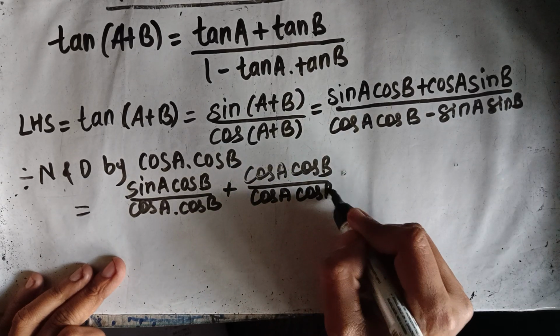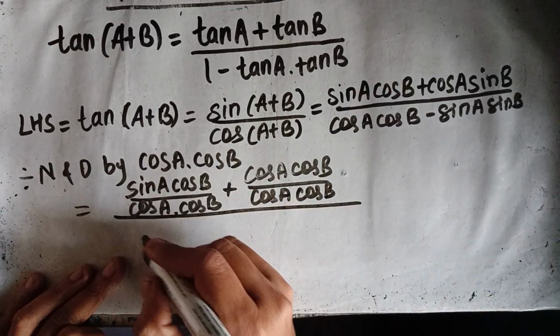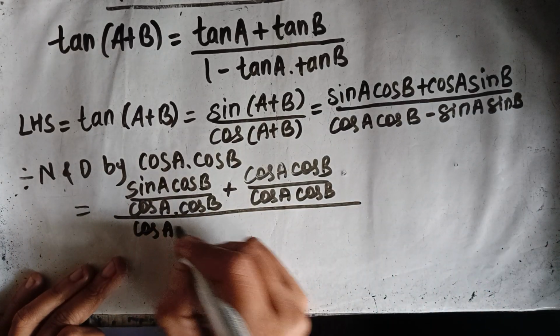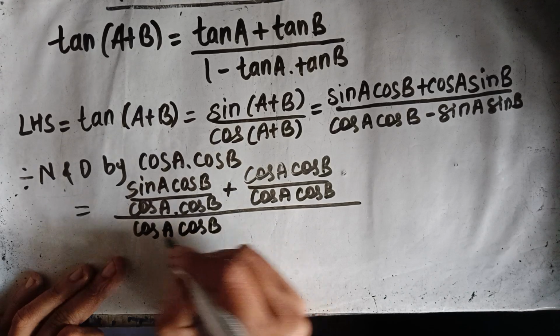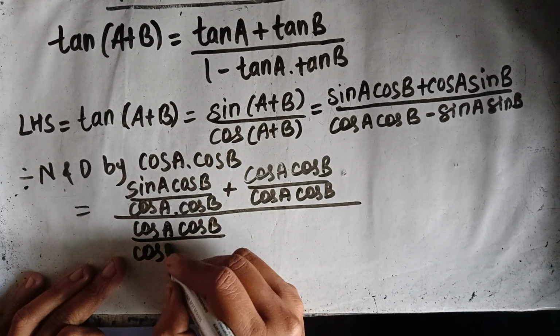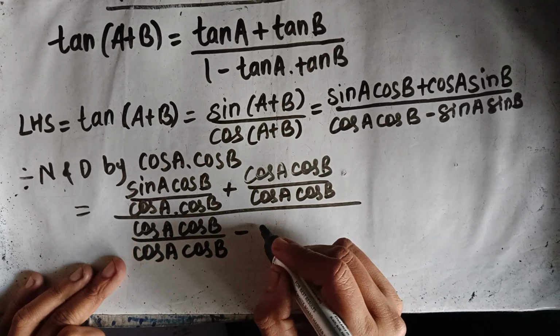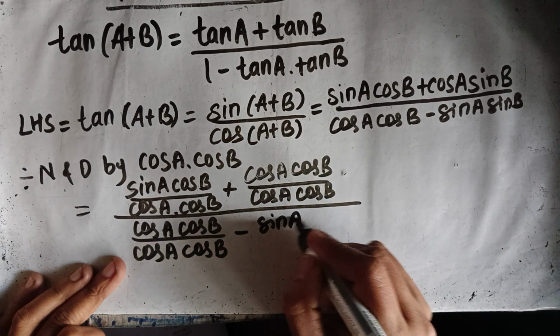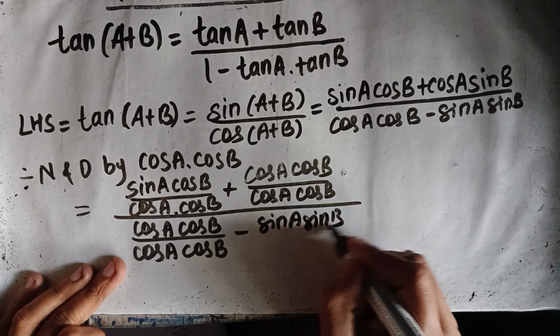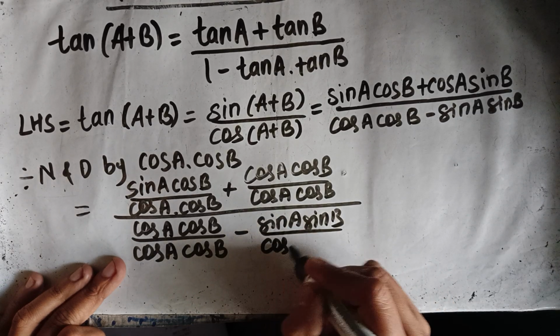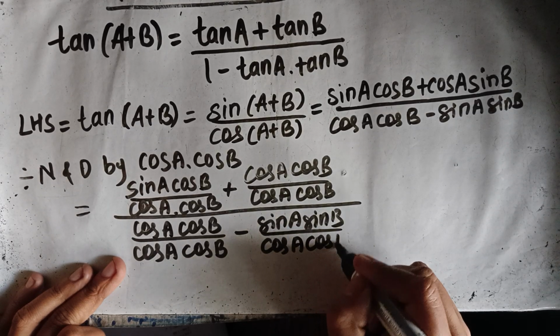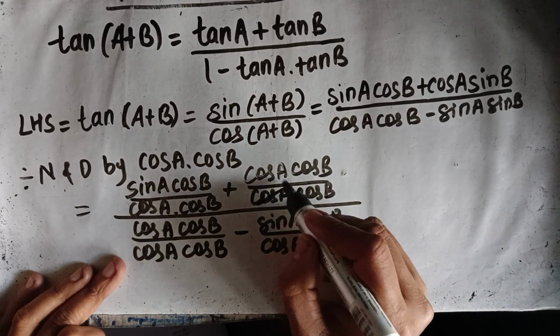This is our numerator. Then cos A cos B upon cos A cos B minus sin A sin B upon cos A cos B. So this gets cancelled.